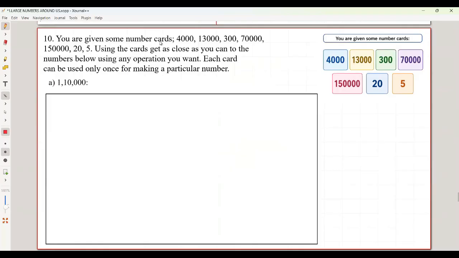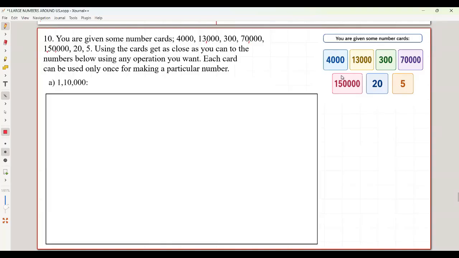Now question number 10. You are given some number cards: 4,000, 13,000, 300, 70,000, 1,50,000, 25. Using the cards, get as close as you can to the number below using any operation you want. Each card can be used only once for making a particular number.